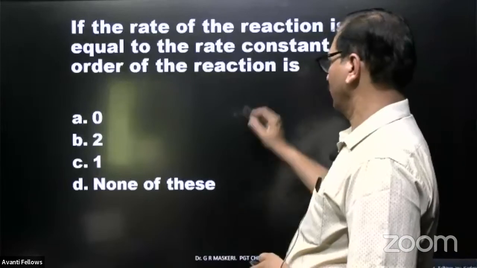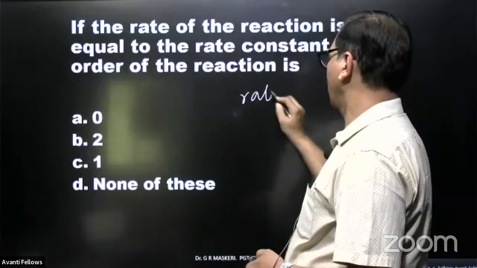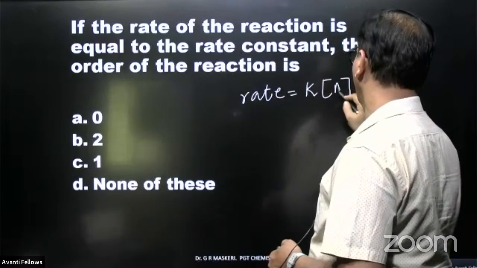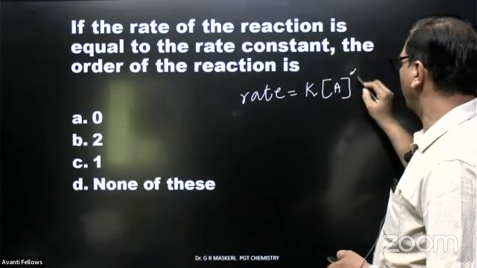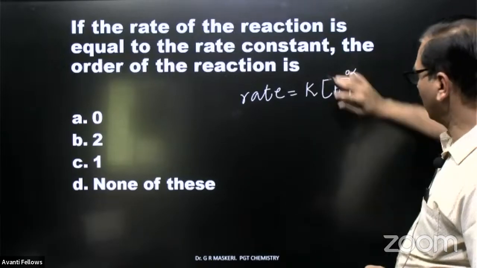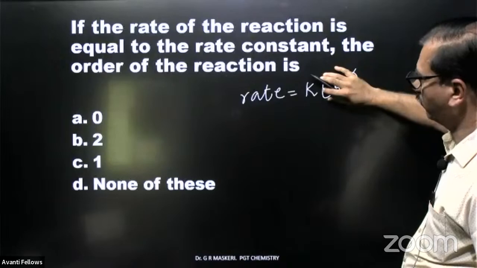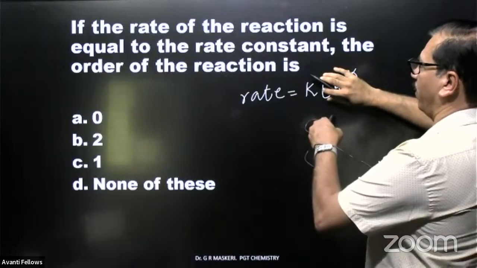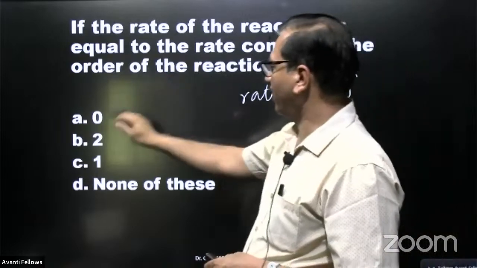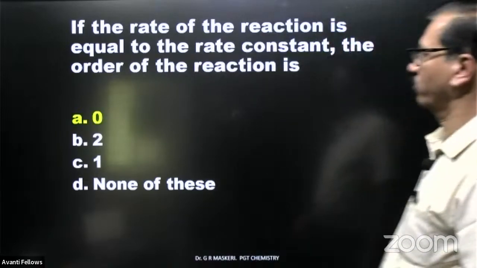Option A, sir. Okay. See, the rate is equal to K into A to the power alpha. If the alpha is 0, it is a zero order reaction. If this is 0, then it is equal to K. Rate is equal to K if it is a zero order reaction. So order of the reaction is 0.